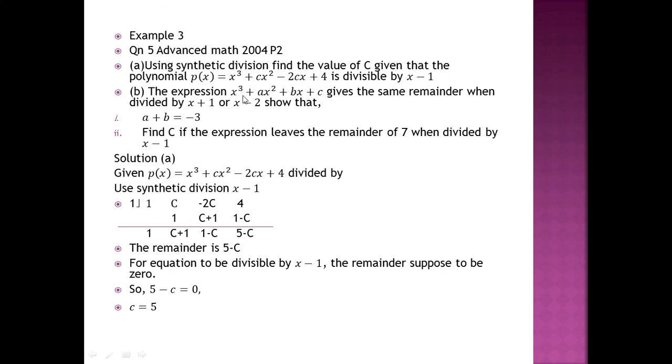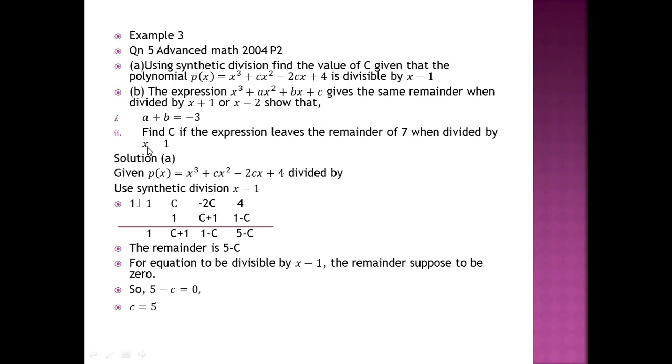The expression x cubed plus ax squared plus bx plus c gives the same remainder when divided by x plus 1 or x minus 2. Show that a plus b is negative 3, and find c if the expression leaves a remainder of 7 when divided by x minus 1.